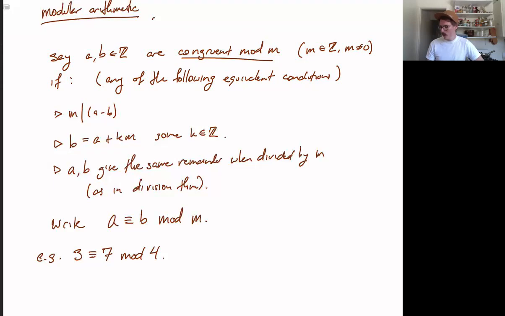Or another way of saying it, what is this saying? This is saying that 3 is 0 times 4 plus 3, and 7 is 1 times 4 plus 3. So they have a different q, but they have the same r, and this means that they're congruent.